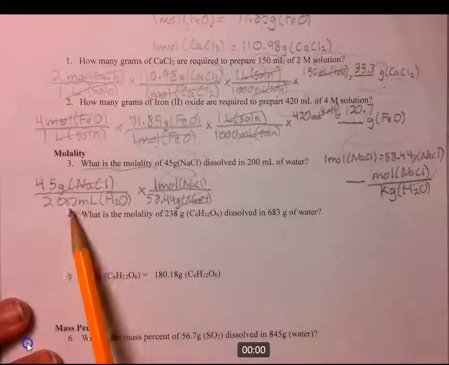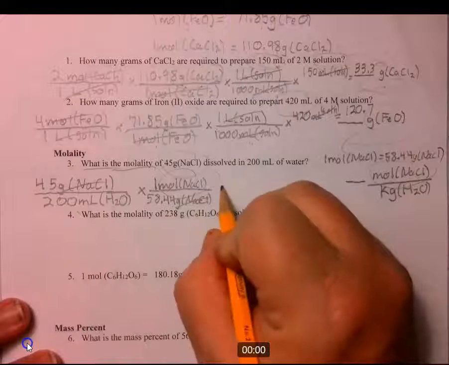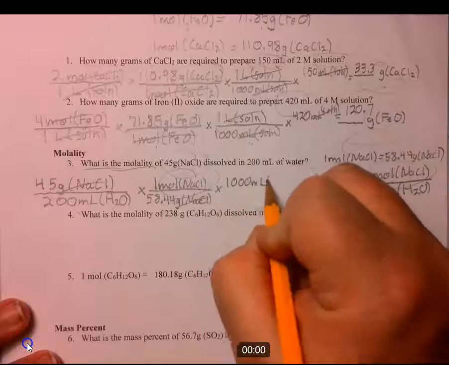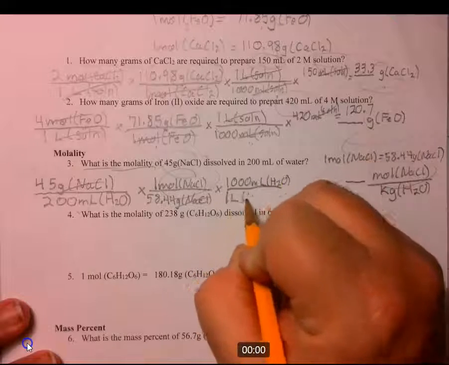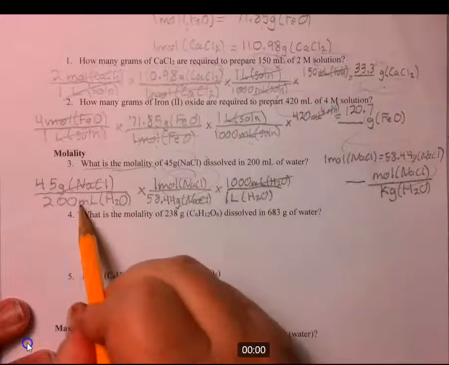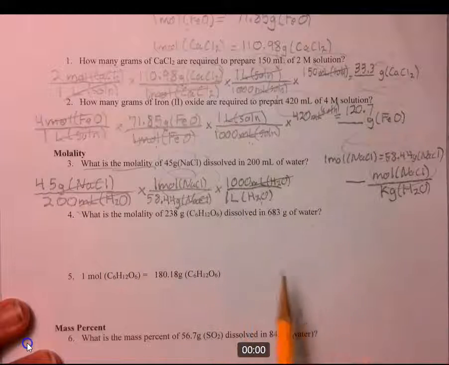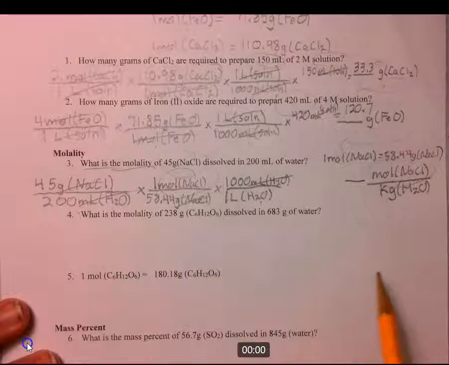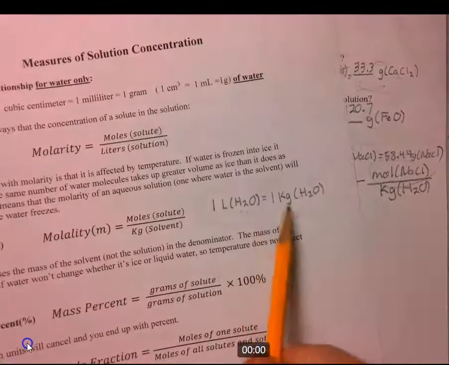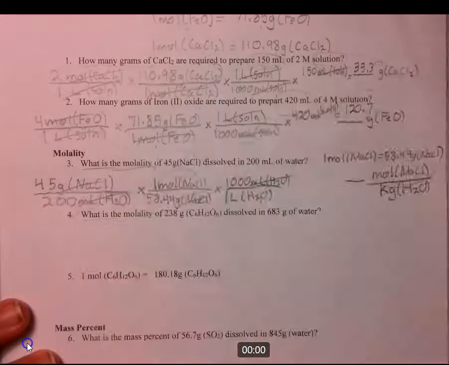All right, so first thing we want to do is convert milliliters to liters. So there is. Okay, so milliliters cancels here and here. And now we have liters of H2O on the bottom, but we need it to be in kilograms. Well, we have that relationship we just talked about right here between mass and volume. It only applies to water.